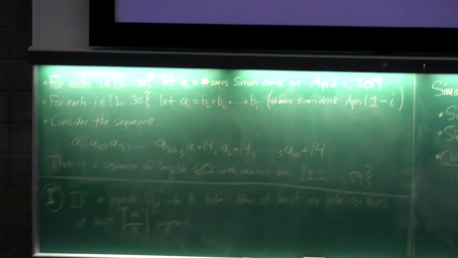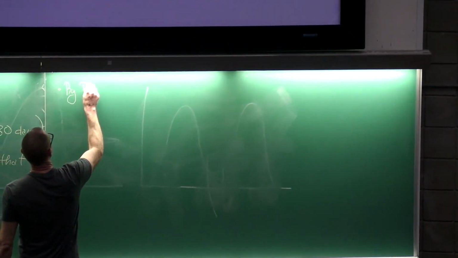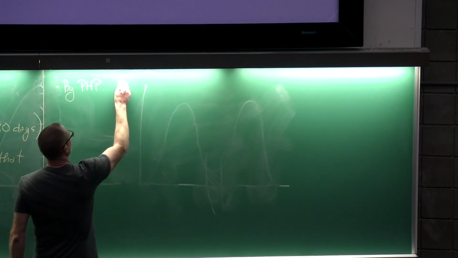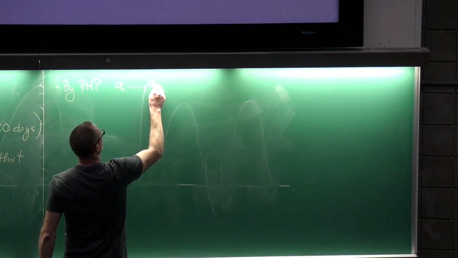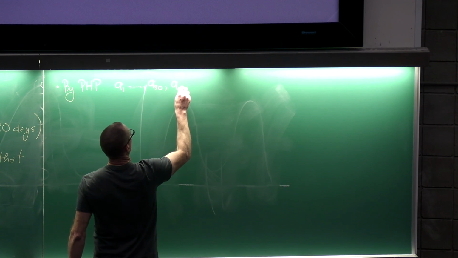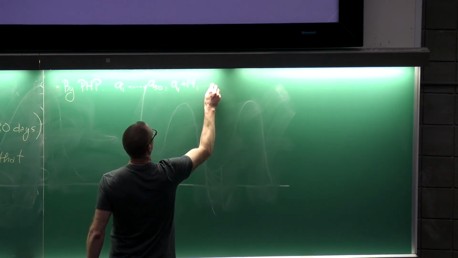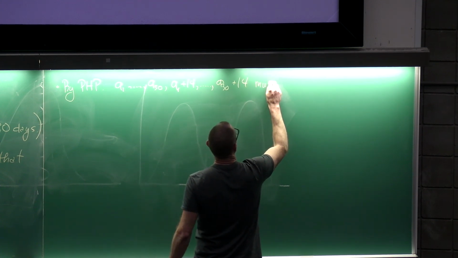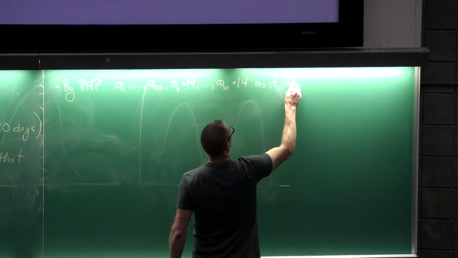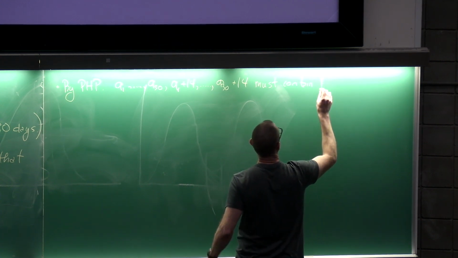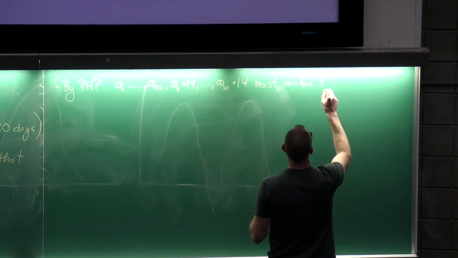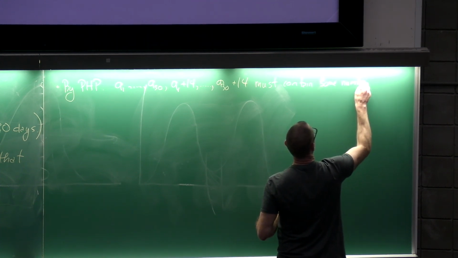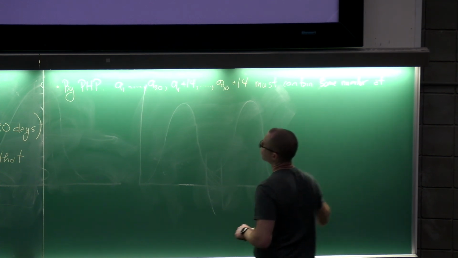So, by the Pigeonhole Principle, and I'll write it down, A1 up to A30, A1 plus 14 up to A30 plus 14 must contain some number at least twice.